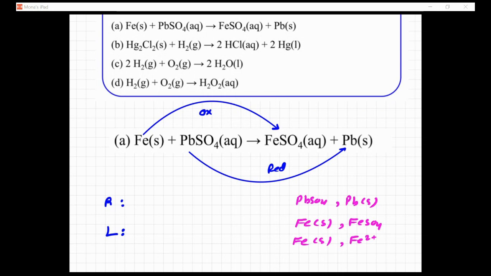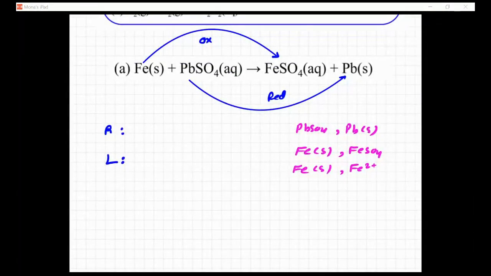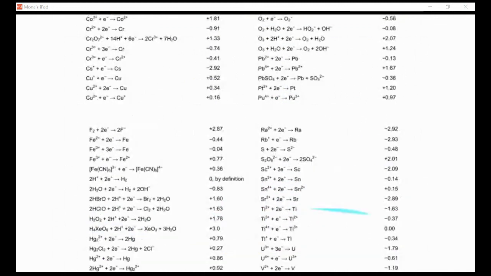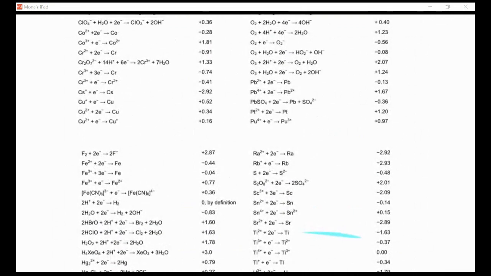Now let's go to the table to see, first of all, the reduction. Let's go and see the reduction. What will happen here? I am trying to see the Pb. Is it there?